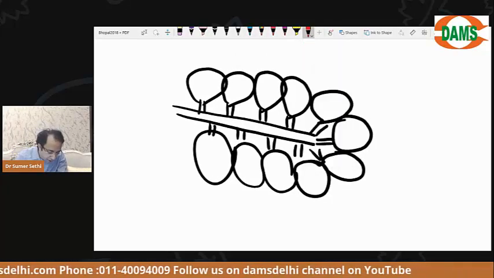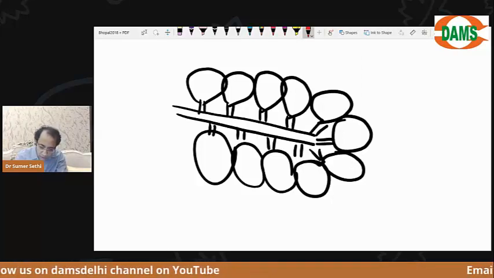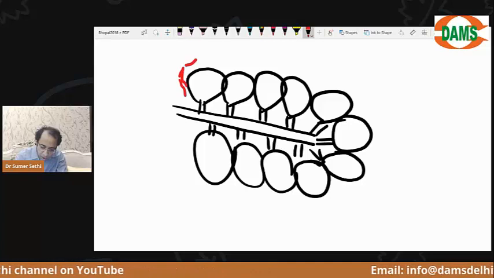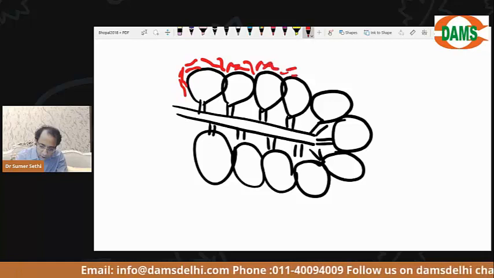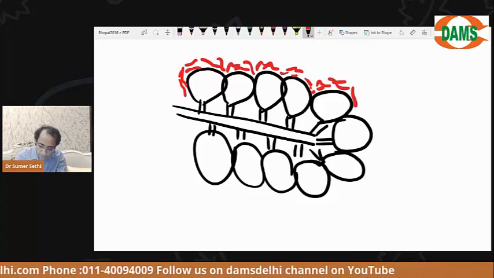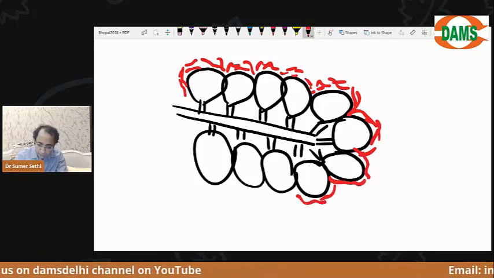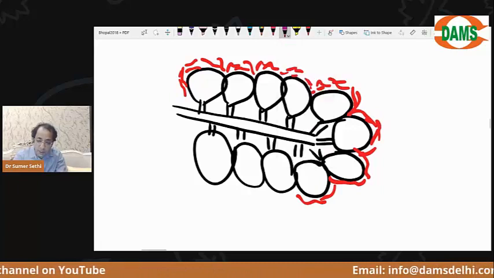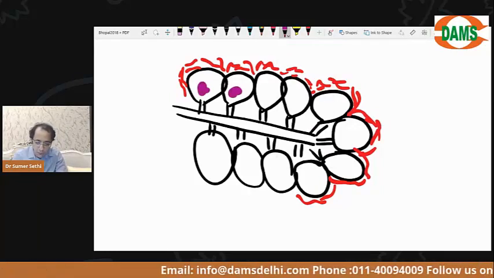Listen to me. If these are your alveoli and this is your bronchus, around your alveoli you have capillaries in the interstitial space. Now suppose a bacteria, a pyogenic infection, a pneumococcal bacteria reaches your alveoli.